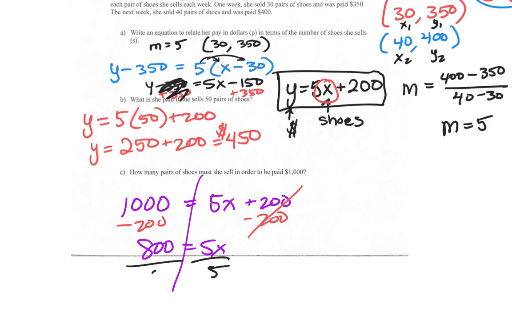Divide by 5. And oh gosh, 800 divided by 5 is, I think it's 160. Check my answer because I don't have a calculator on me. So she'd have to sell 160 pairs of shoes.